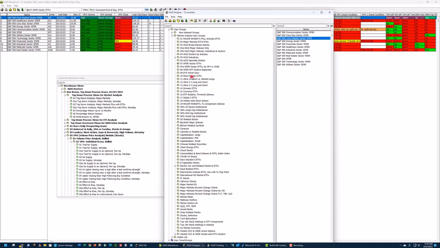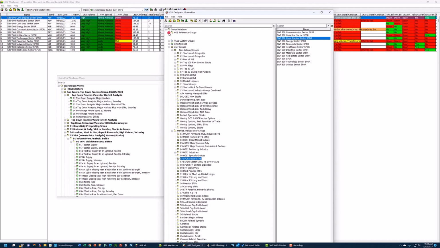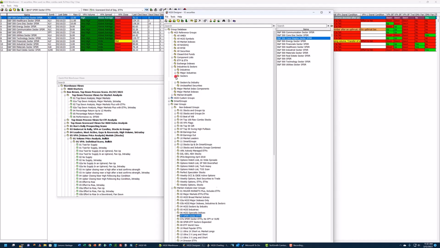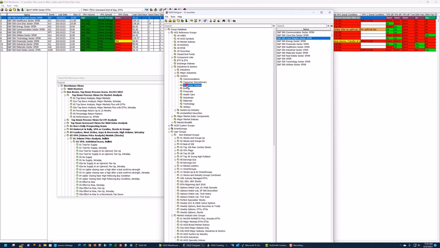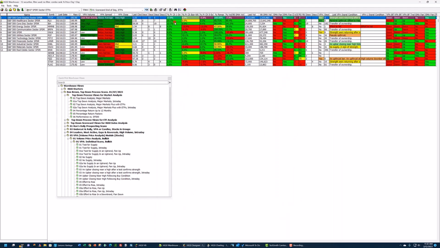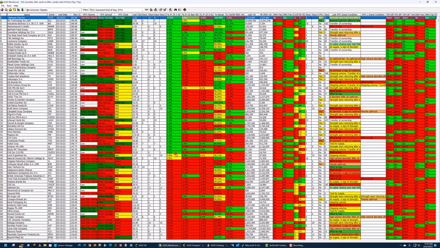Let's just quickly go into consumer staples. I'm going to go up here to the industries and sectors. And here's consumer staples. Just go into this view. And you can see that there were some stocks that were up on Friday.